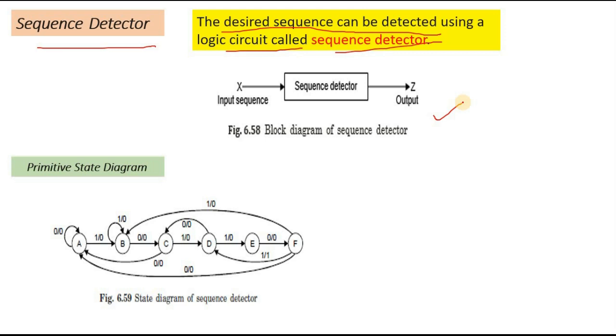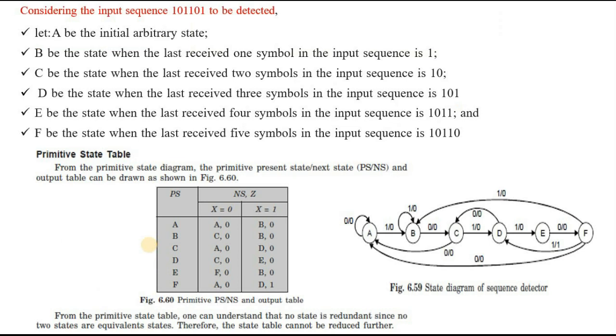So here is the state diagram for the sequence detector. If you look at this, this is the state diagram. We need to analyze the state diagram. Here I have taken some examples. From the examples, the input sequence 101101 is to be detected.